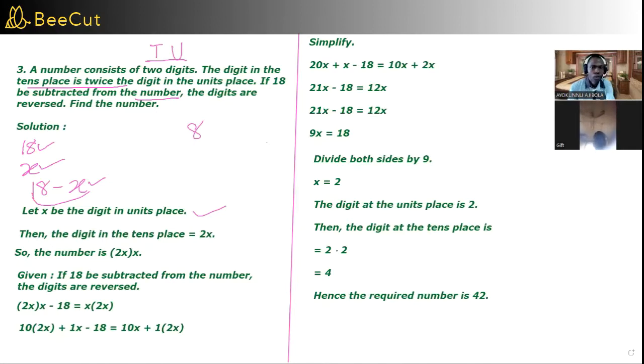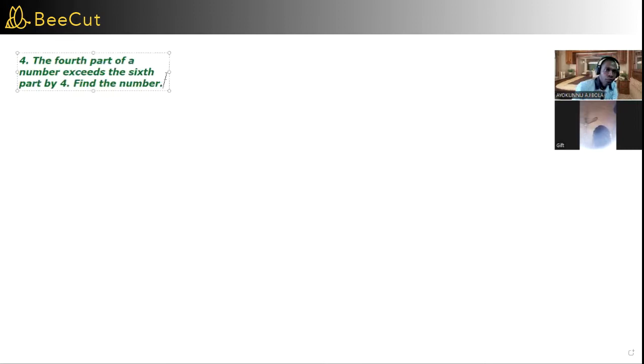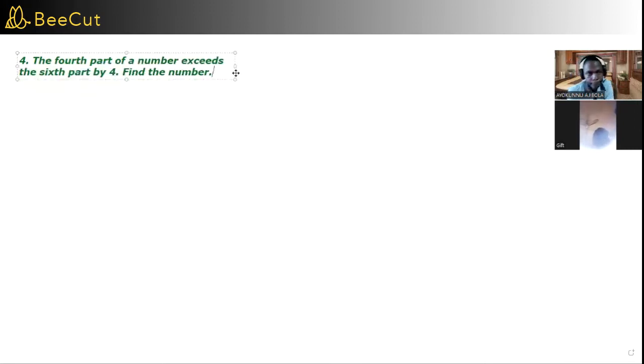So, the fourth part of a number exceeds the 6th part by 4. You have to find the number.